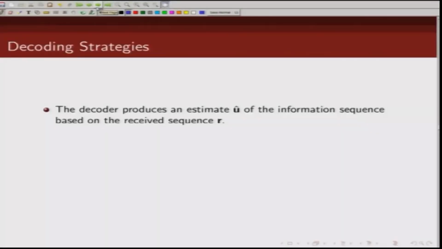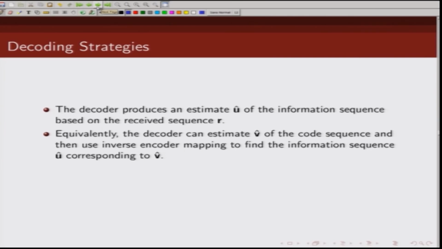We can say this estimation problem is equivalent to estimating the code sequence, because there is a one-to-one mapping from a particular code word to the information sequence.